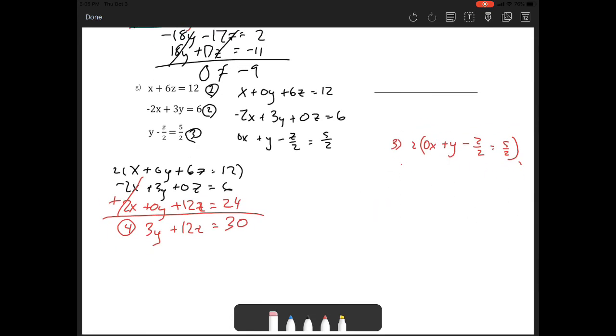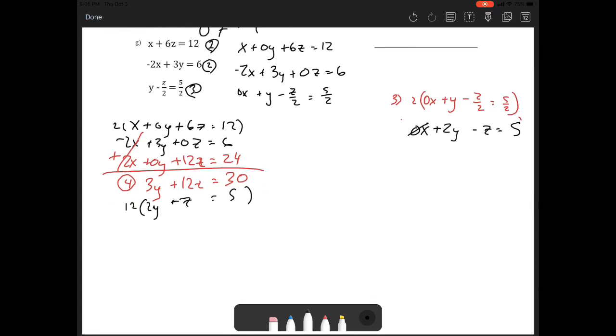We don't have to do anything else, we don't have to multiply, because once we move it in there, it's already in the form 0x plus 2y minus z equals 5. It already doesn't have an x, so we can plug it straight in over here as our 2y minus z equals 5, and we can multiply it by 12 to get this correct.